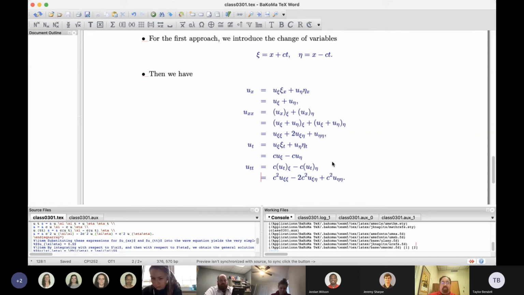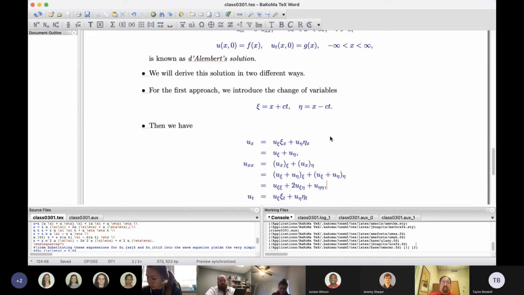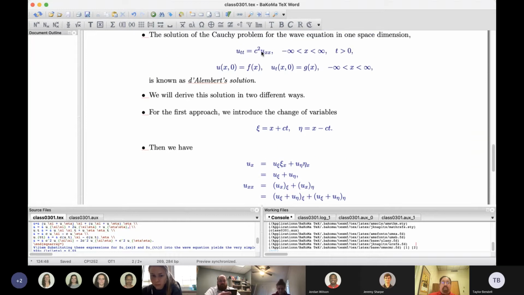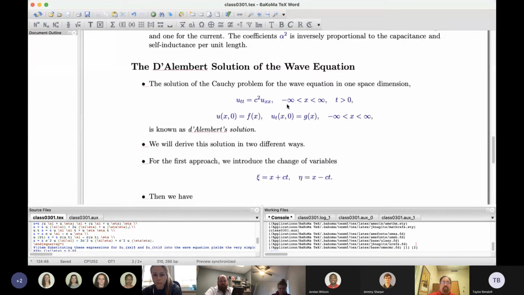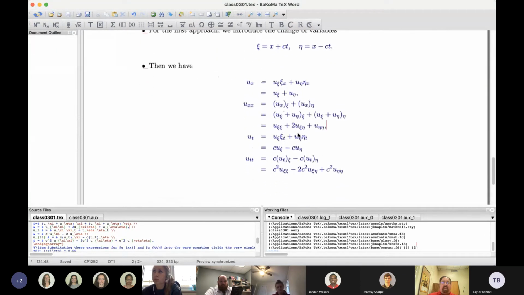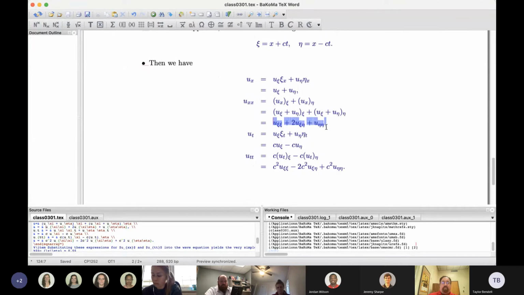So now what I can do is I can substitute this and this into the original PDE. And keep in mind that the uxx has to be multiplied by c squared. So notice if I take this and multiply by c squared, I have c squared u squiggly squiggly, and here too I have c squared u squiggly squiggly.